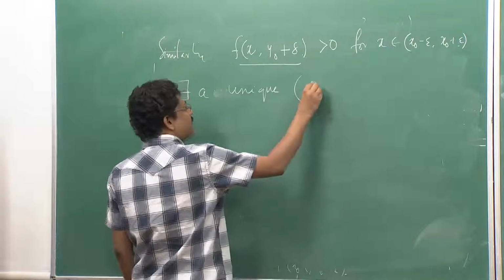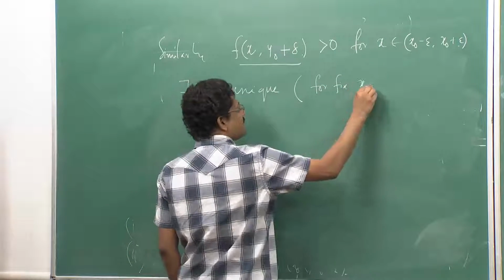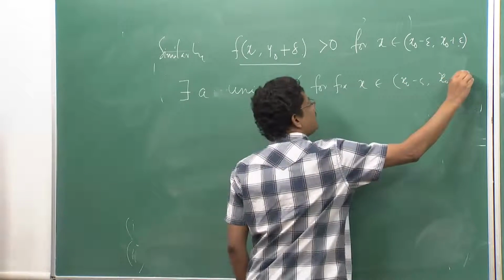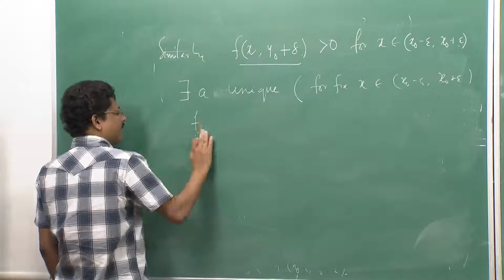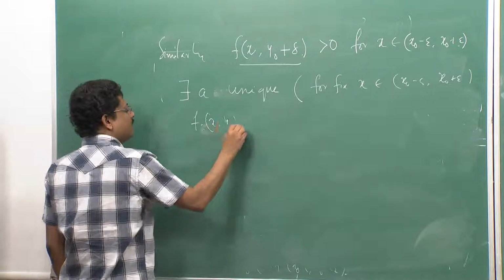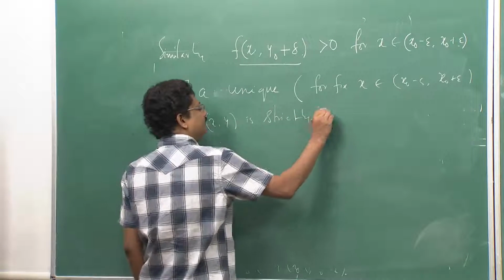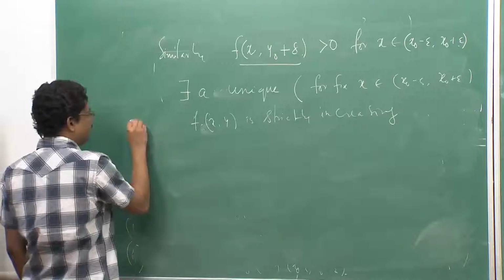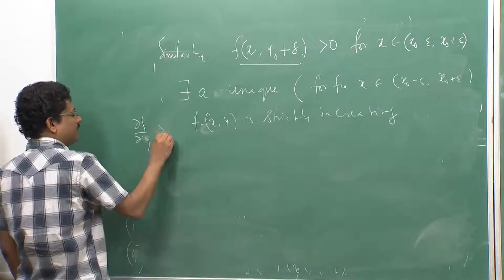Because for fixed x in (x0 − ε, x0 + ε), f(x, y) is strictly increasing in y. This is implied by ∂f/∂y bigger than 0.